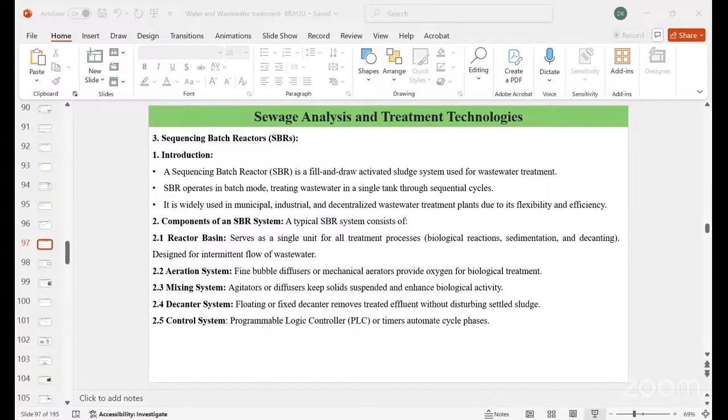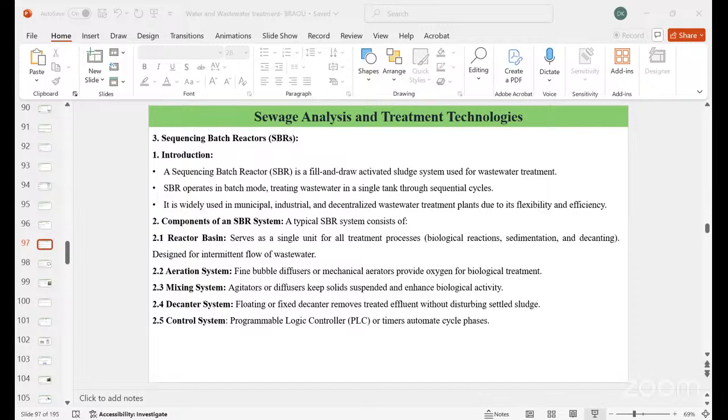Mainly, it is simple in operation, very low in energy consumption, robust, and good for smaller systems. Being very sensitive to the climate is a main disadvantage. Its maintenance is very difficult, and it also has space requirements. These are mainly effective for removing organic matter, and can also achieve the nitrification process.